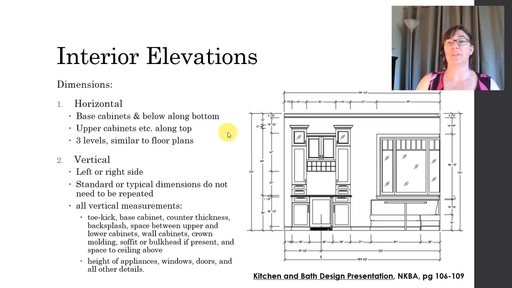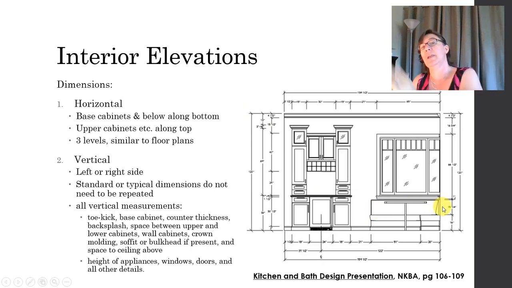For the vertical dimensions, you kind of do the same thing. You divide your room into like a left half and a right half. Anything that's generally located on the left side of the room will have vertical dimensions over here on the left side of the drawing. Anything that's generally on the right-hand side of the room will have dimensions along the right-hand side of the drawing.